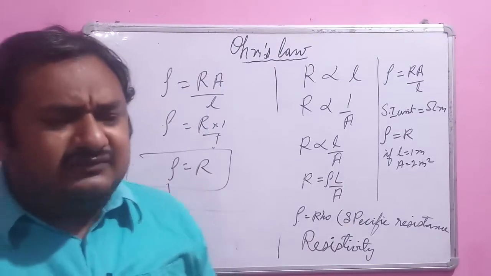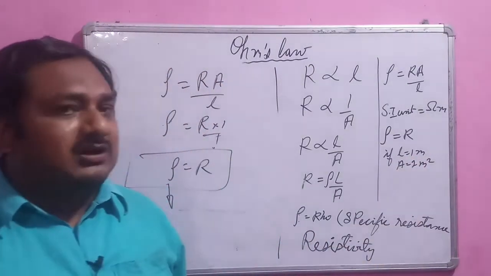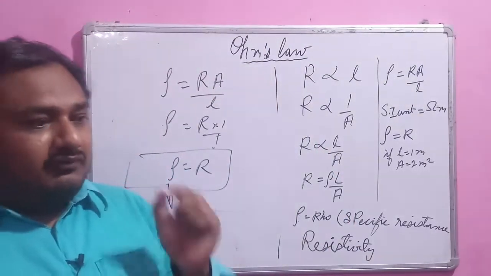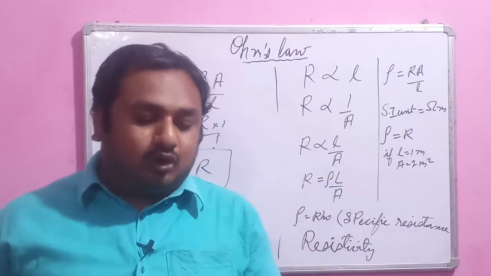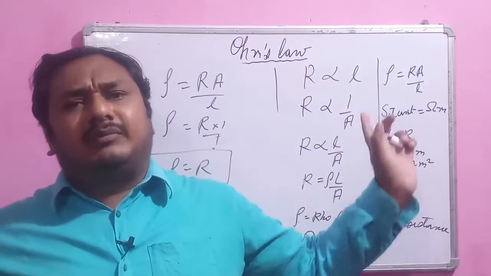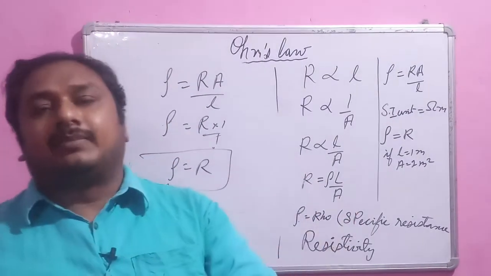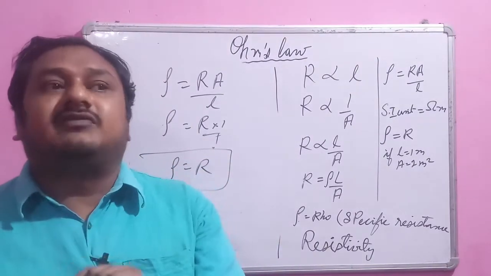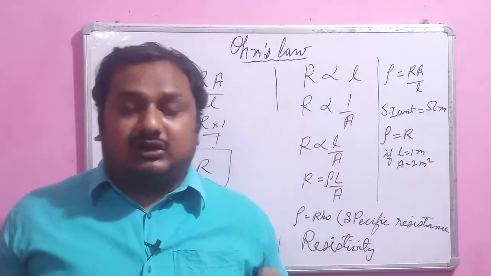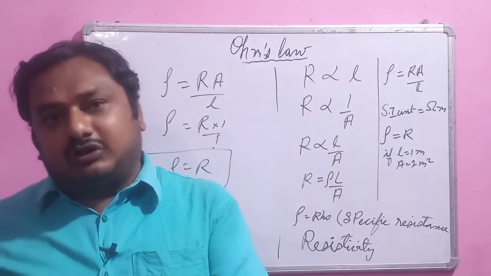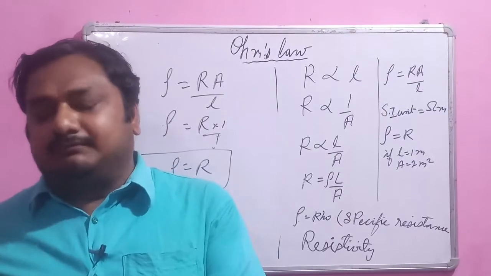Now you are thinking why we are doing this math here. If you take a variety of metals of 1 meter length and 1 meter square area, copper, silver, and there are hundreds of metals, and you fix their dimension, you will get the individual resistance of each and every conductor. We know that copper and silver are the best conductors, while alloys are very bad conductors.